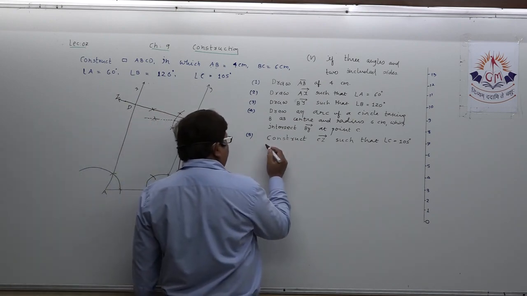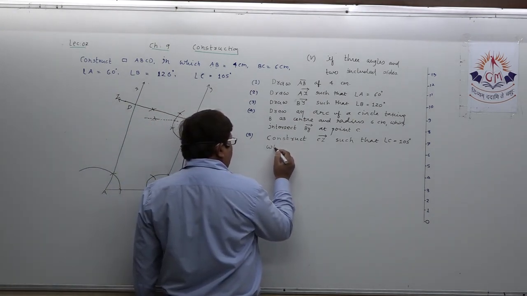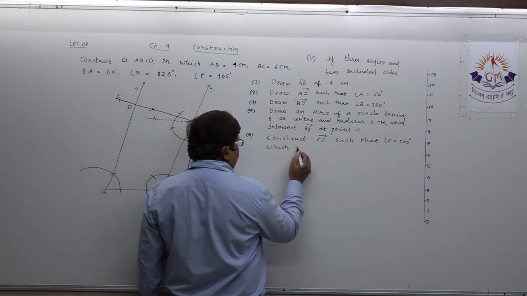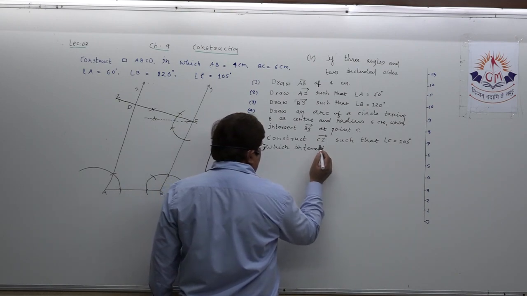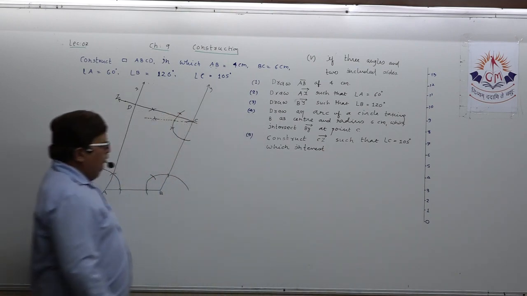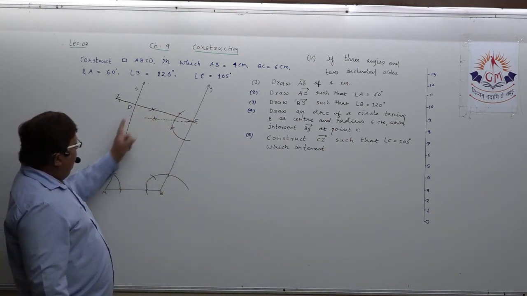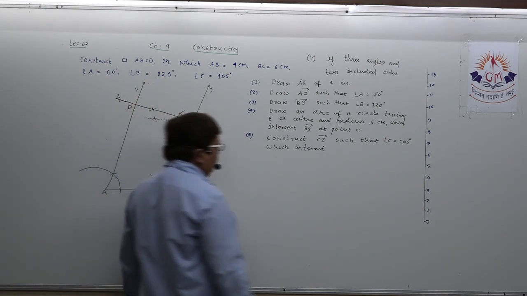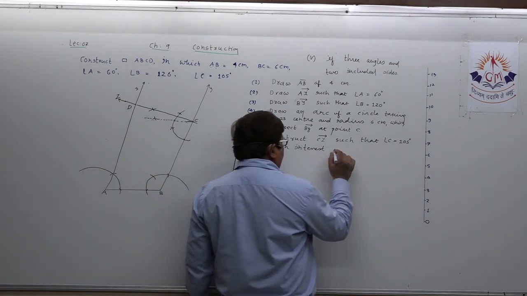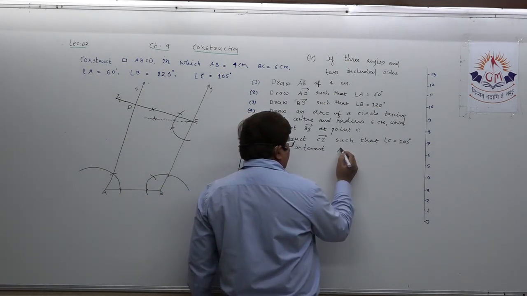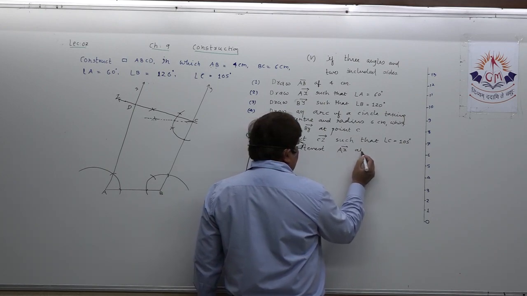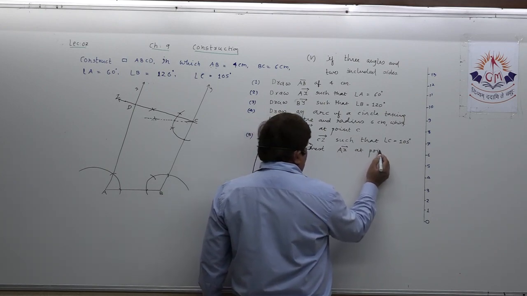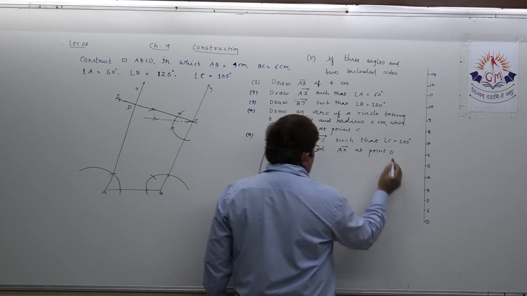Then you will write which intersects ray AX at point D. Okay, dear student.